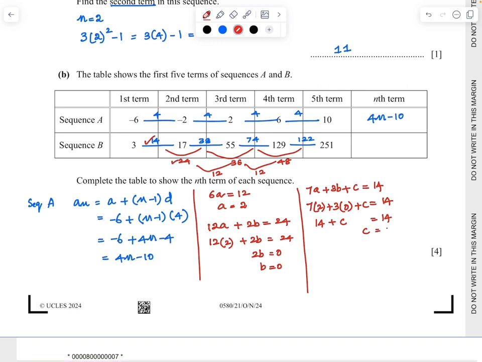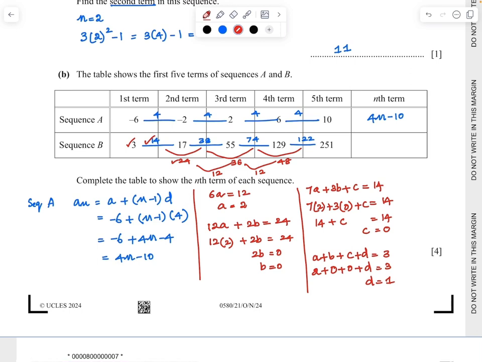Again, c also becomes 0. Then the last one, a plus b plus c plus d is equal to the first term in the sequence, which is 3. So a is 2, b is 0 plus 0 plus d is equal to 3. So d becomes 1.